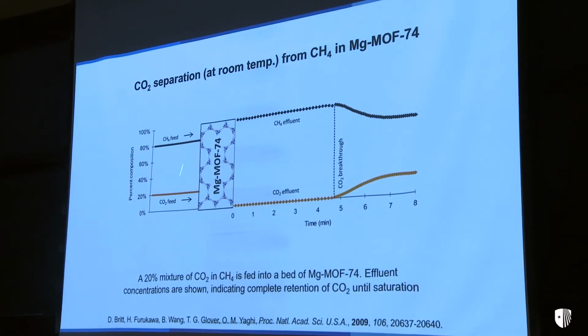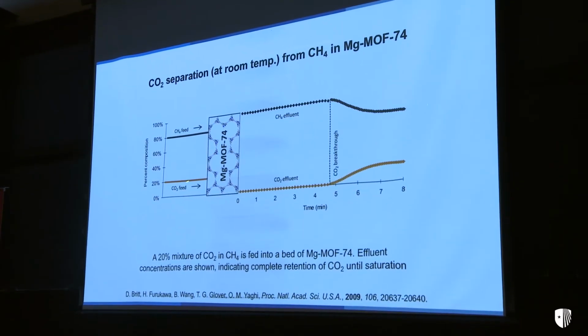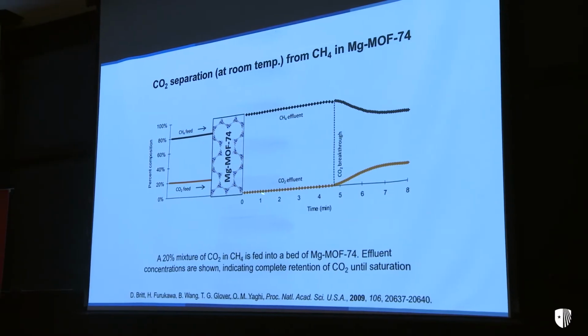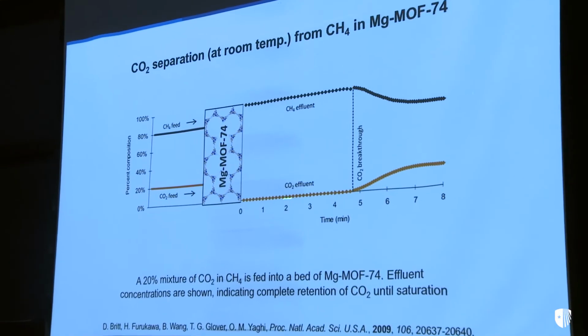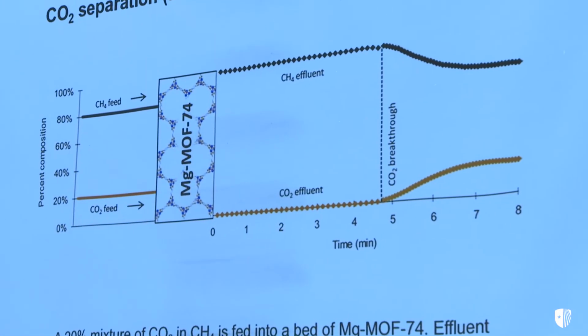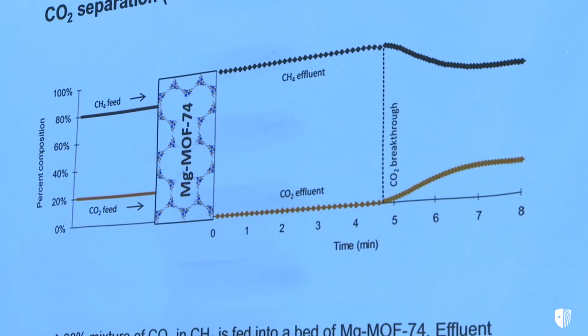You see in a natural gas wave of 80% methane and CO2, you expose a powder of magnesium MOF-74 to this mixture of gases, and you see no CO2 coming out. It's captured in the pores and pure methane coming out. Okay, that's a beautiful separation. You have the solid, natural gas comes in, CO2 stays in the pore, methane comes out.